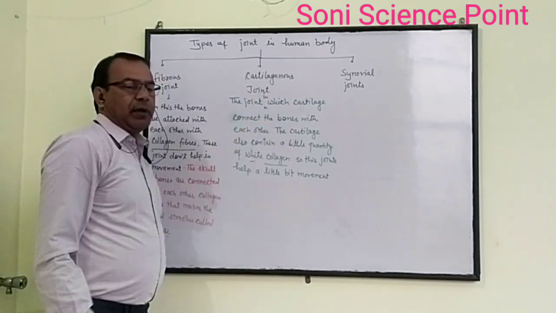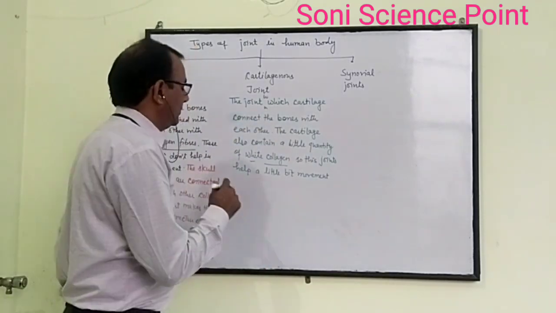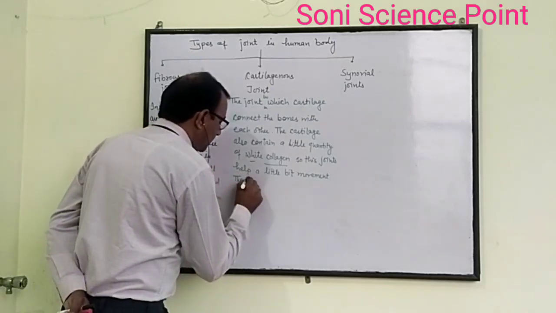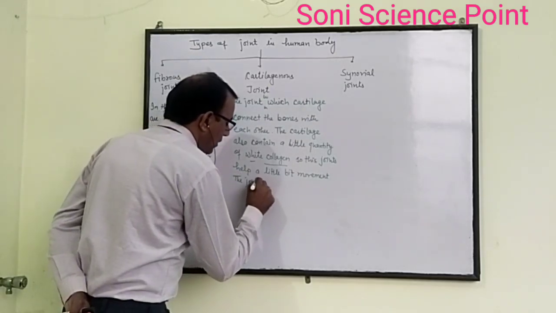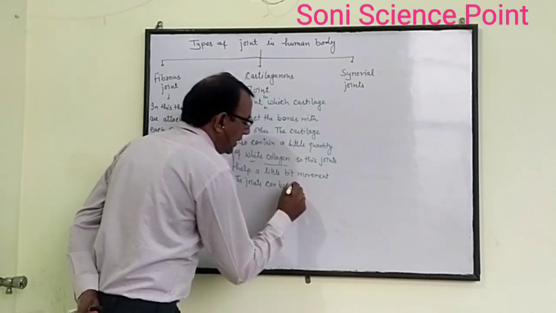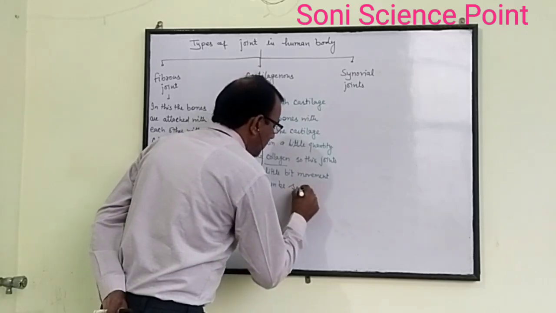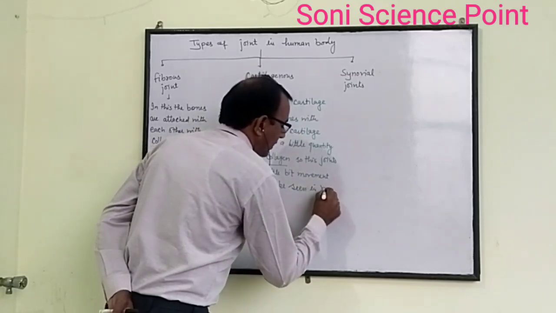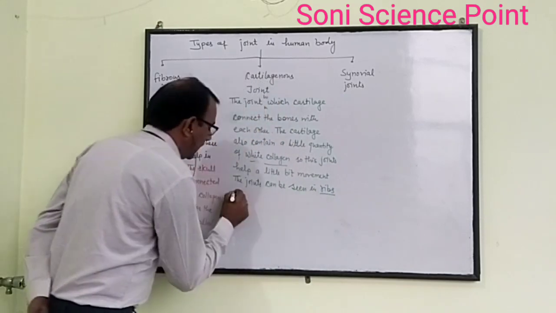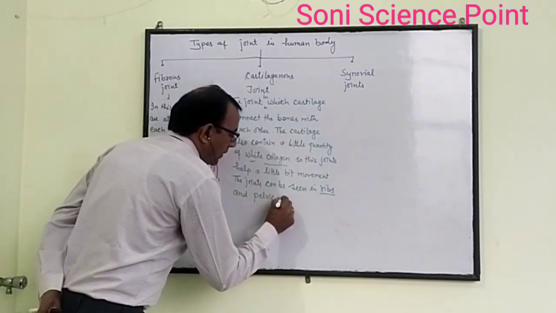This type of joint can be seen in the ribs as well as in the pelvic girdle.